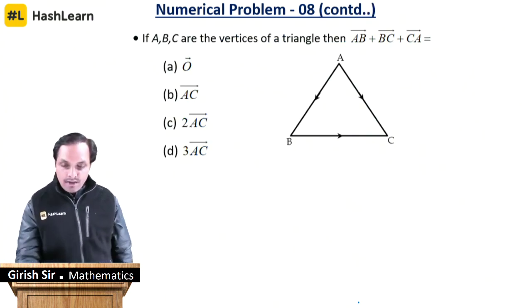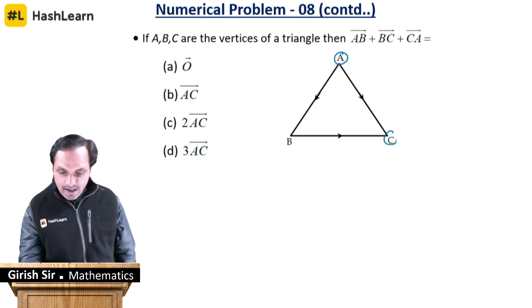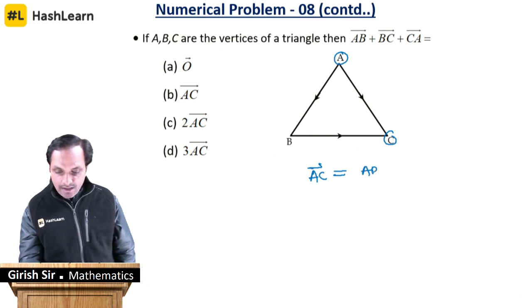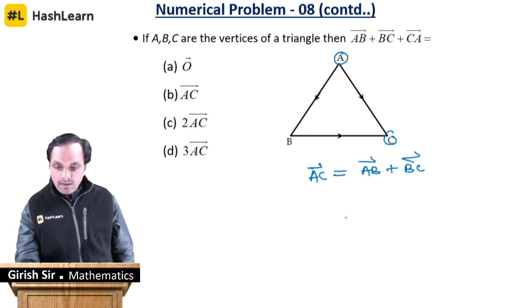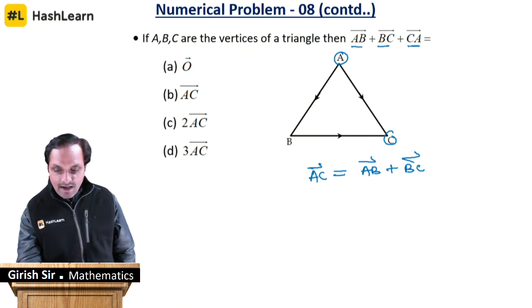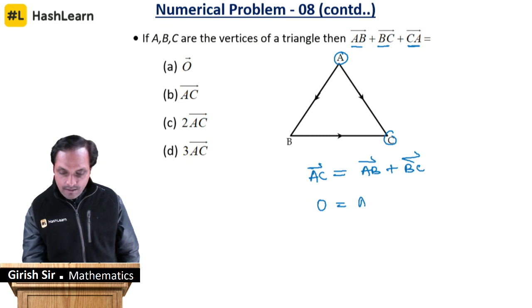As I told you, यहाँ पे A to C आना है. हमें A to C आना है तो A से B आना है and B to C आना है. चलो, AB है और BC है and we want this. इसको यहाँ पे शिफ्ट किए तो ये हो जाएगा 0.